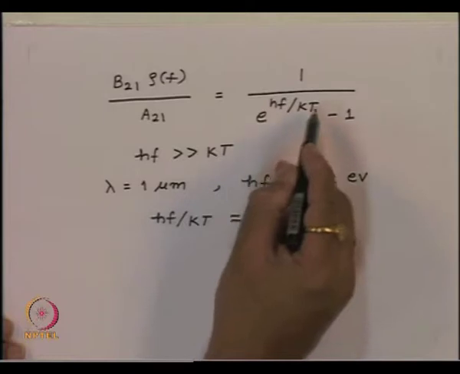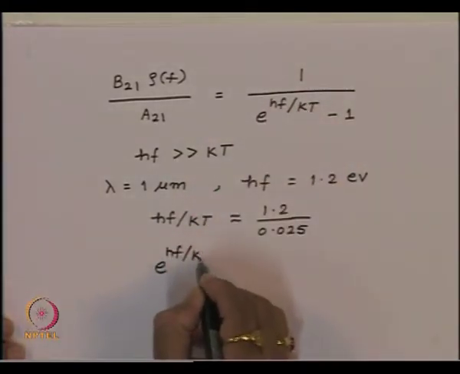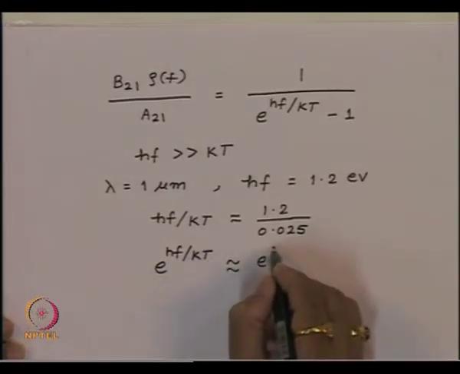So this quantity, e to the power hf upon kT, will be of the order of e to the power 50.